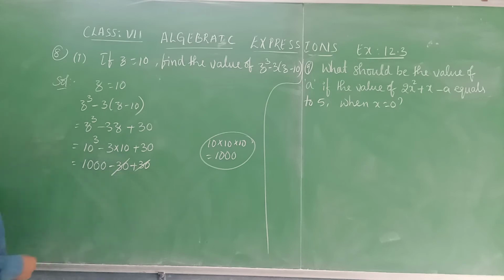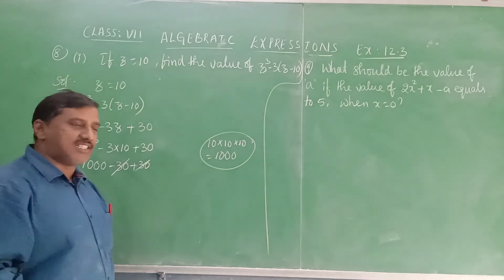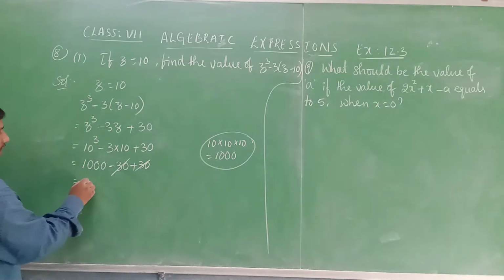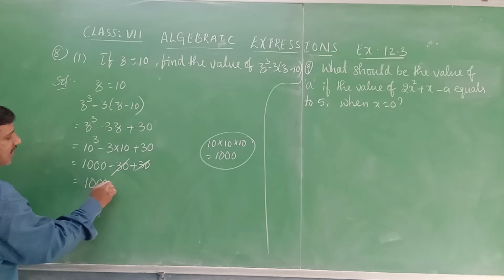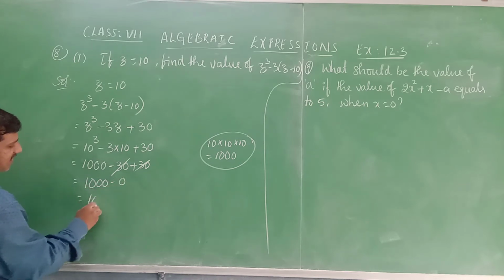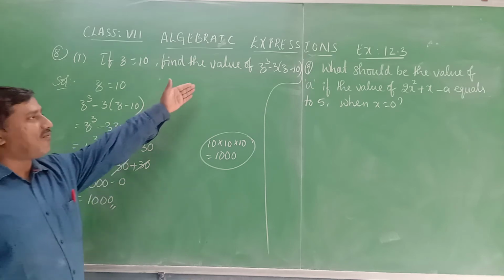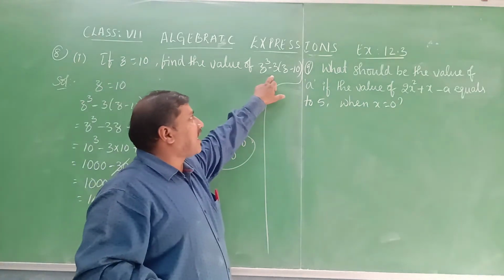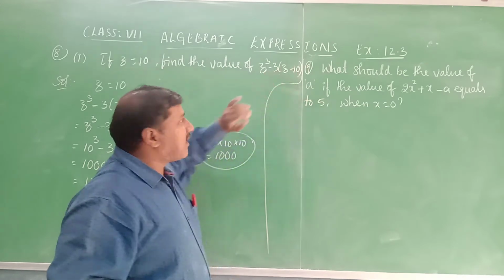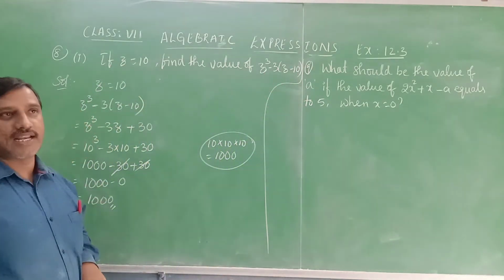Both are cancelled and on simplification we get 0. Therefore it is 1000 minus 0, which is 1000. So 1000 is the value of z cube minus 3 into z minus 10 when z is equal to 10.